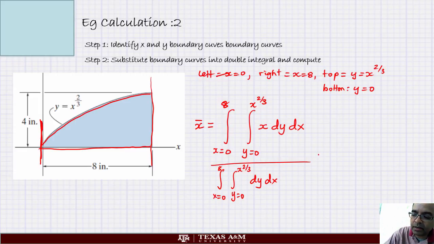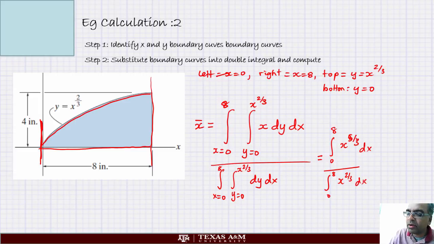So if I do this integral, I get the integral from 0 to 8, do the inner integral first, and you'll get x to the 5/3, and then the bottom will be the integral from 0 to 8 of x to the 2/3 dx. You can mess around with it.